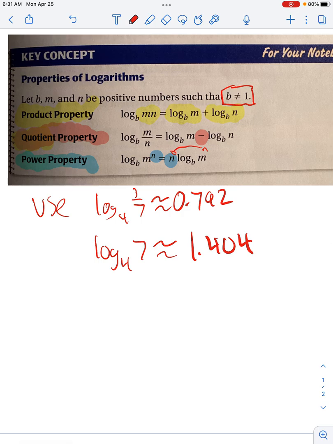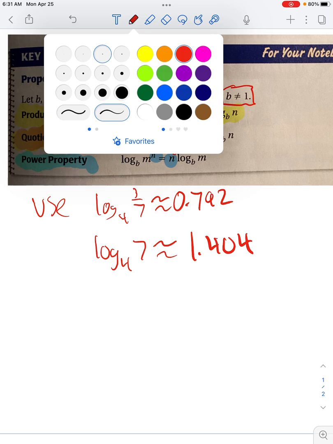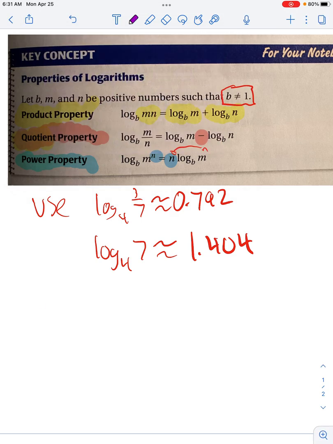How do I figure this out, because we can't just type this into our calculator? Our calculator doesn't have the feature for log base 4 of 3/7.